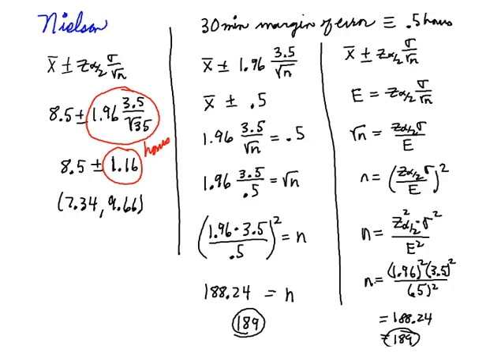And that's probably how you're going to do it. You'll be given the formula in the book, and you'll just plug into the formula. So my formula here is n equal to the z alpha over 2 squared times sigma, the population standard deviation squared, over whatever the desired margin of error is, squared.